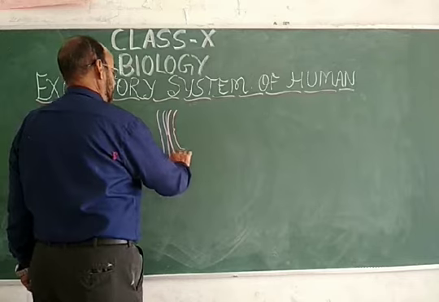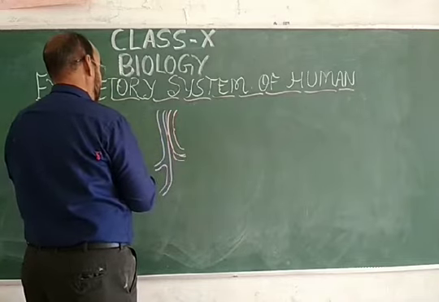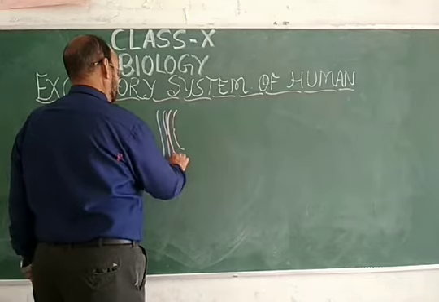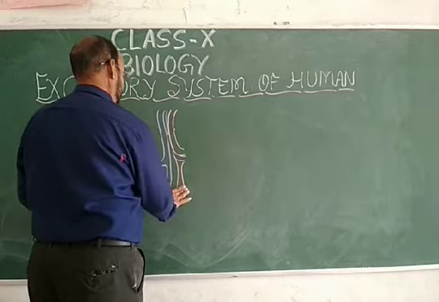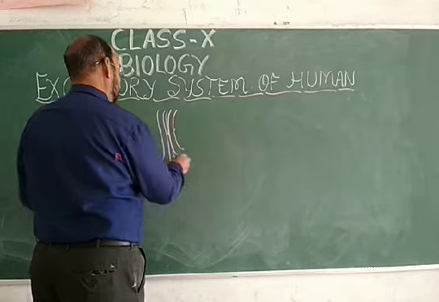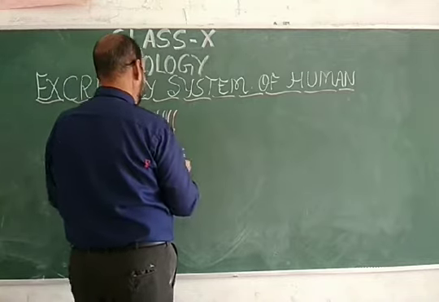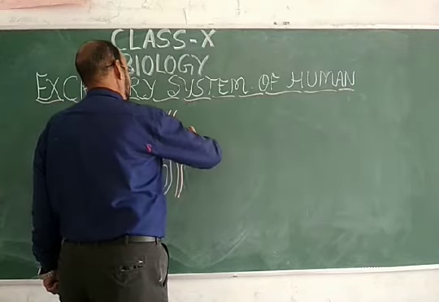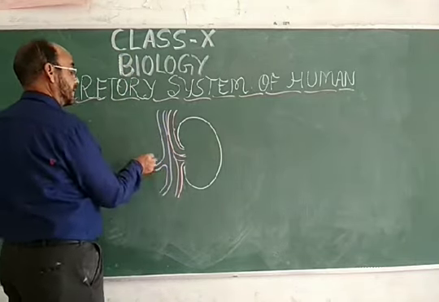These two colors are showing the pair of arteries and veins, and these pairs are for the proper blood supply into the kidney, and there are a pair of kidneys on both sides, on the right side and on the left side.